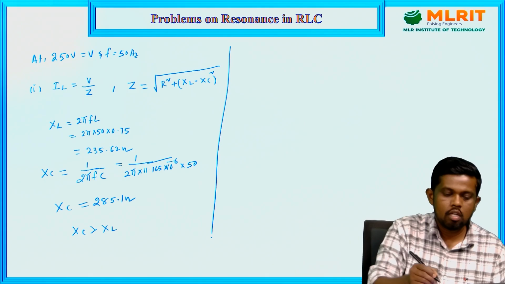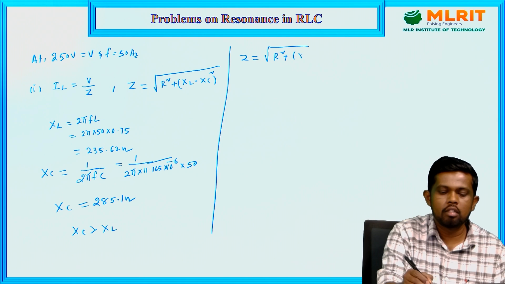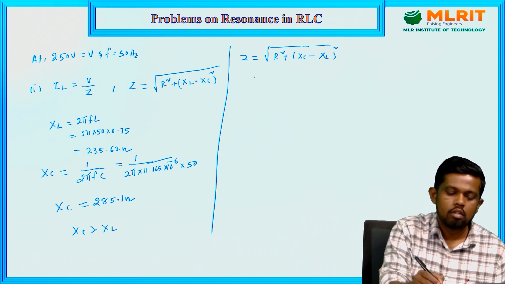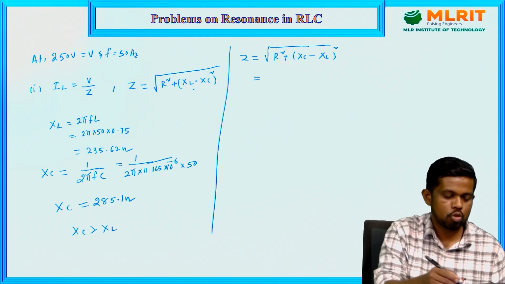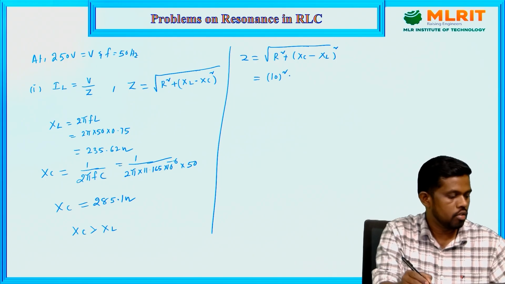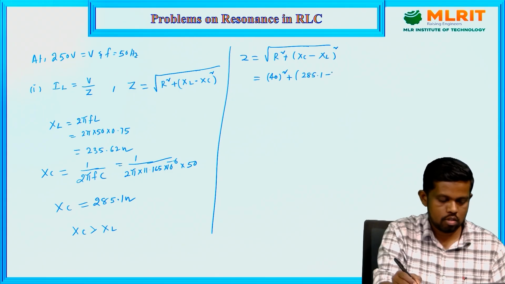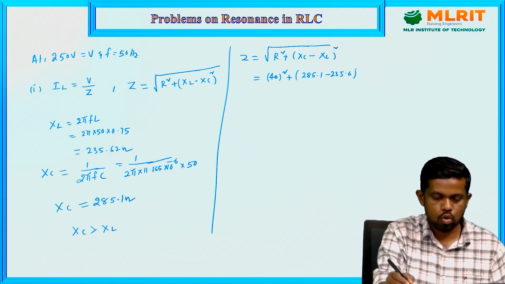For this reason, the network impedance should be equal to the square root of R square plus (XC minus XL) whole square. So after substituting all the values, we get the square root of 40 square plus (285.1 minus 235.6) whole square.